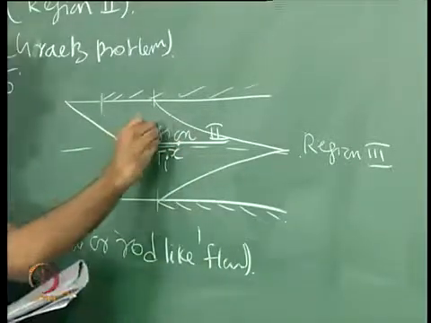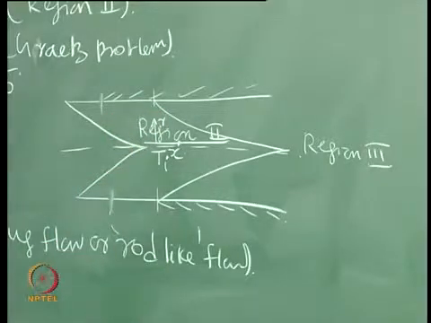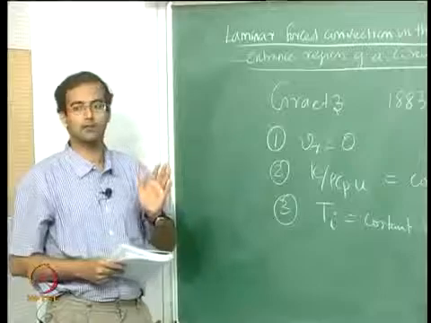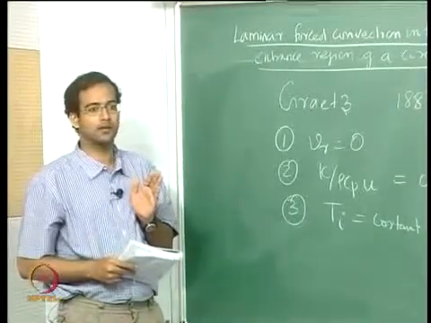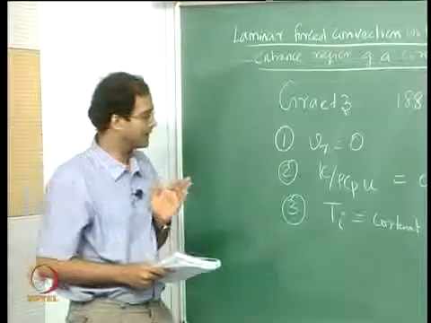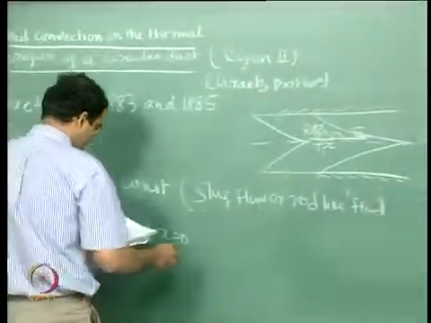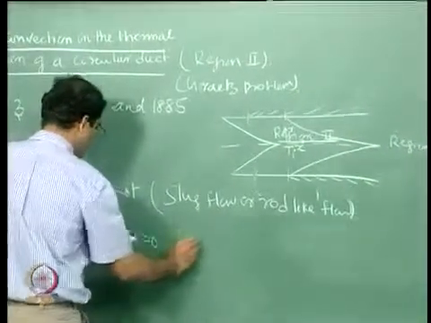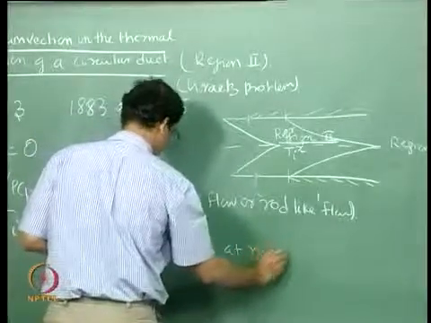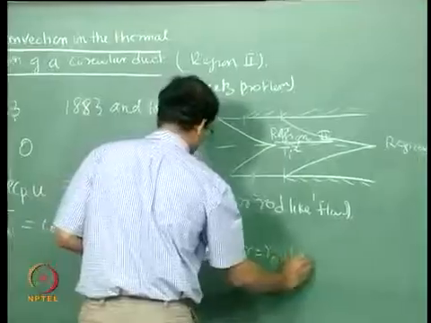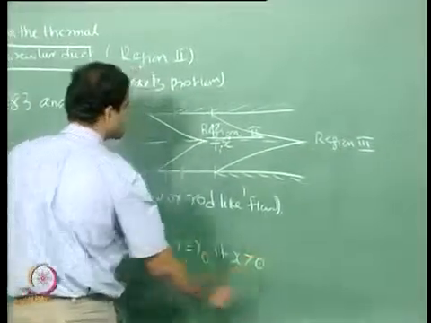So this is your coordinate system. It does not start from the inlet of the pipe, it starts from the point where your thermal boundary layer starts growing and where your fully developed velocity profiles are present. And T equals T wall at R equals R naught if x is greater than 0.